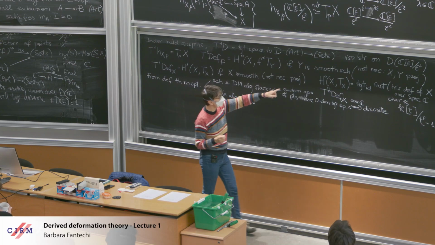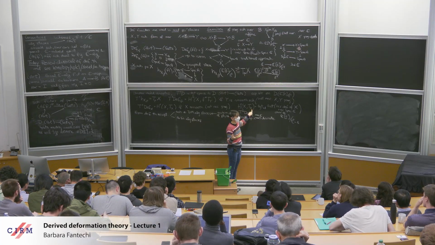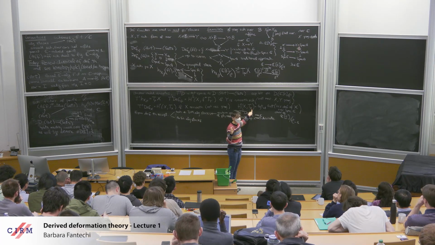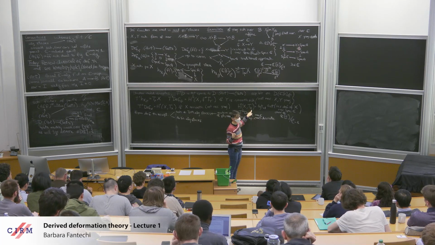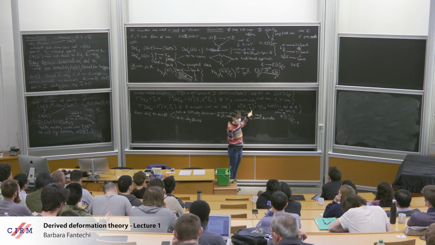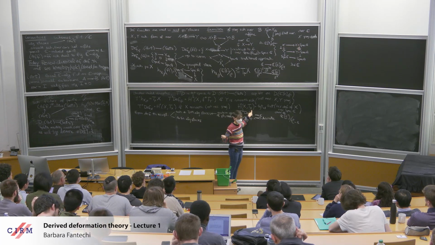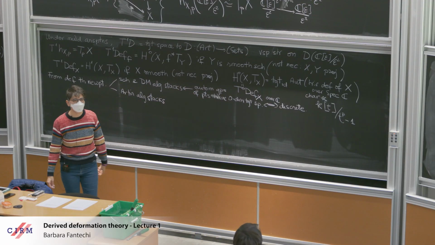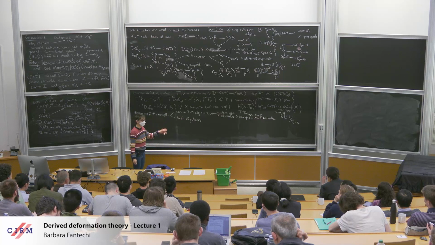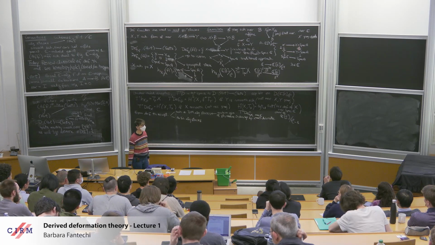On the other hand, if you take H0 of TP1, this is 3-dimensional, because TP1 is O of 2, so the sections have 3 dimensions, and these are the automorphisms of P1, the Möbius transformations, which I was taught to call projectivities in Italian, and this has dimension 3.